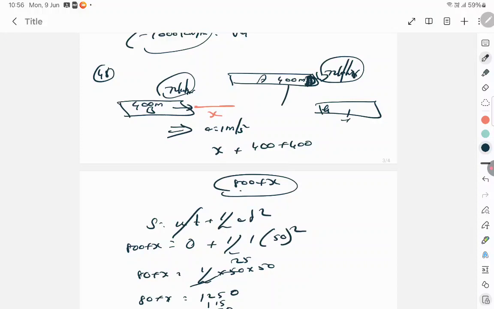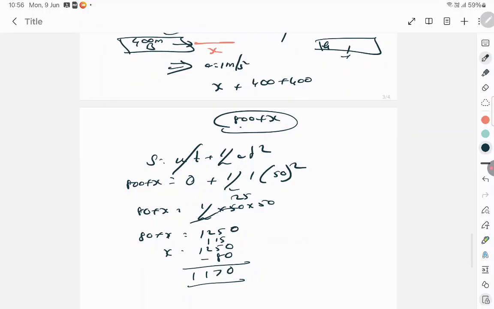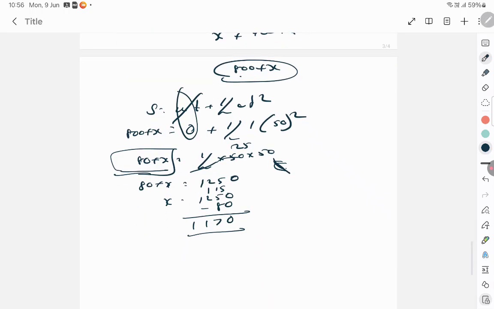the initial distance. Half at square is 1250, but this is actually covering a distance of 80 plus x according to me. Initial relative velocity being 0, I get this as the answer, but I get it as equated to 80 plus x.